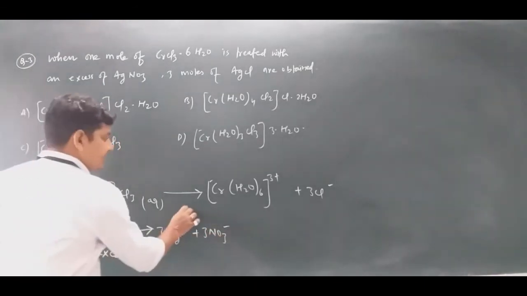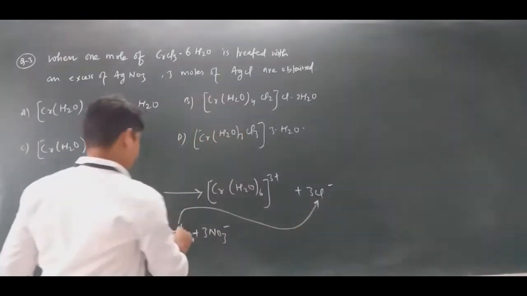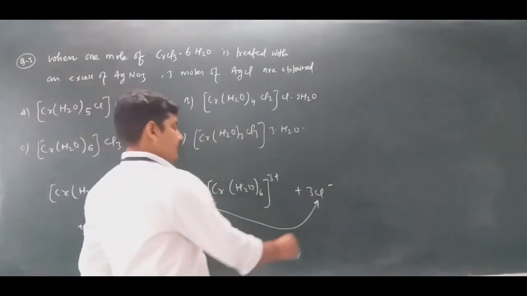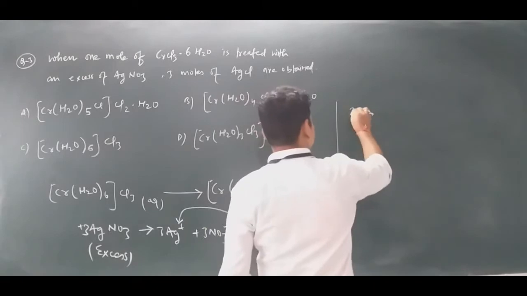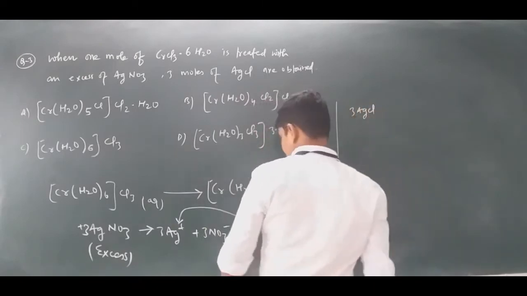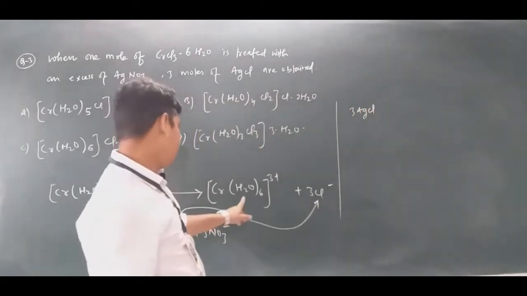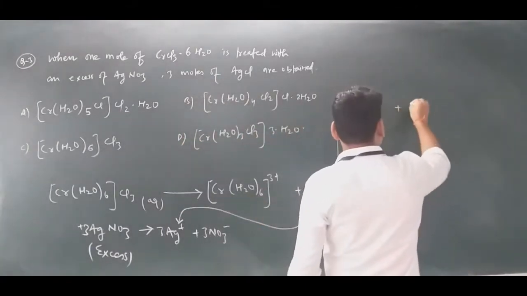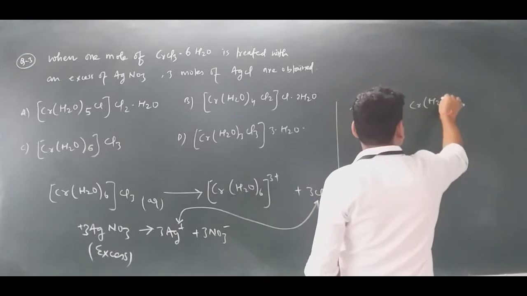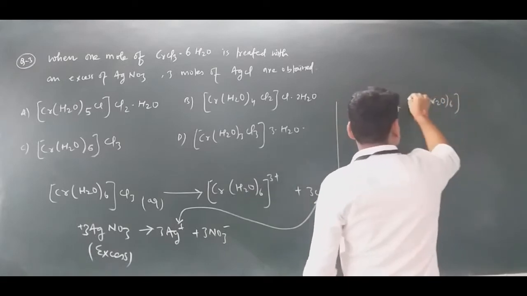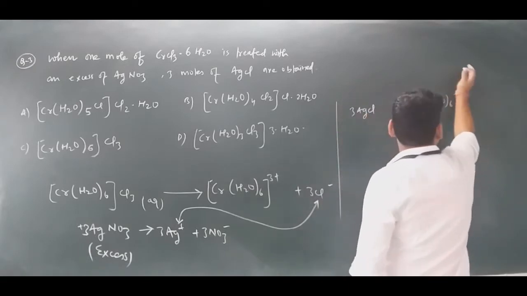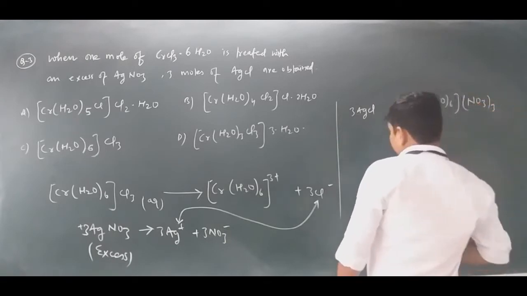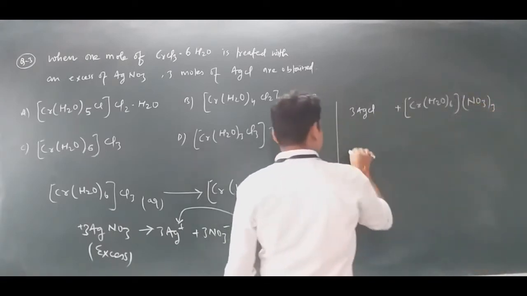So this 3Ag plus will combine with Cl minus, giving 3AgCl, and this 3NO3 minus will combine with this part, giving [Cr(H2O)6](NO3)3.